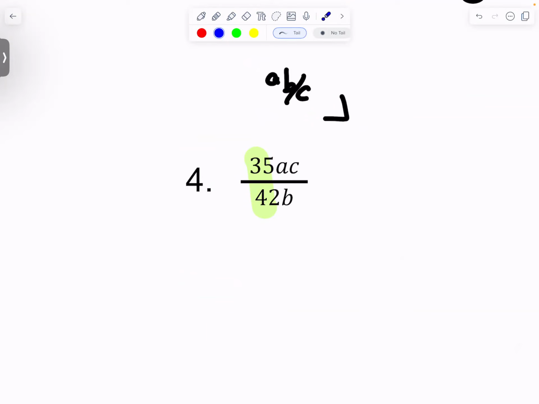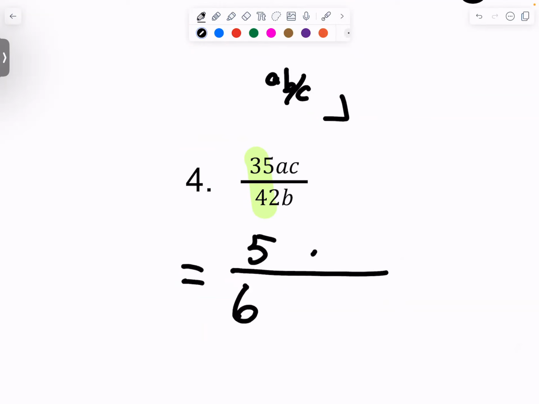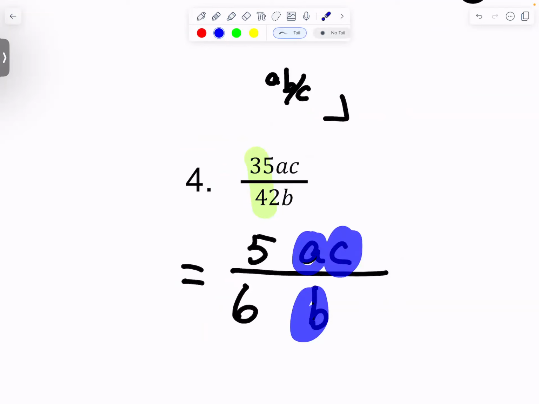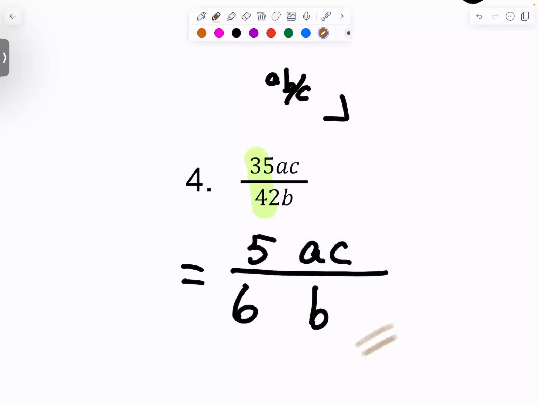So you click that. Okay, and you will be able to get, they both can be divided by 7. So 5. Anything else? Any other A? Any other B? Any other C? No, nothing is left. So this is the end. Too easy.